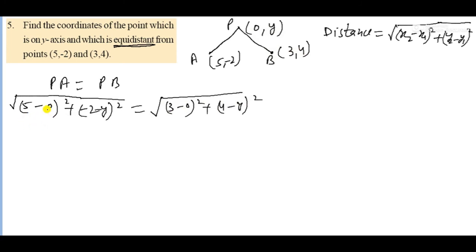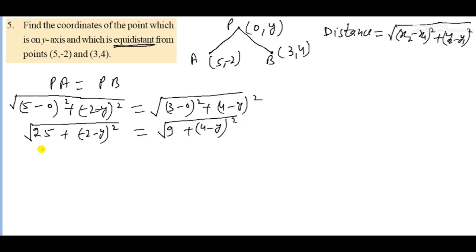And here is point A, given as (5, -2). So you have to write (5, -2). It is PA. And now it is PB. Point B is given as (3, 4). So you have to write (3, 4). First of all, it is given that PA is equal to PB because it is equidistant.